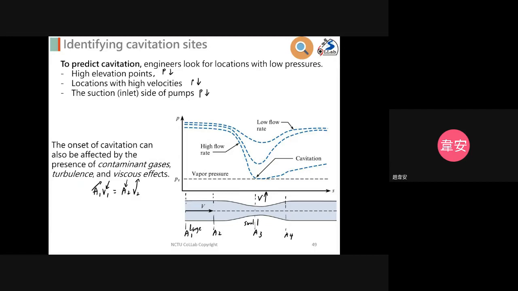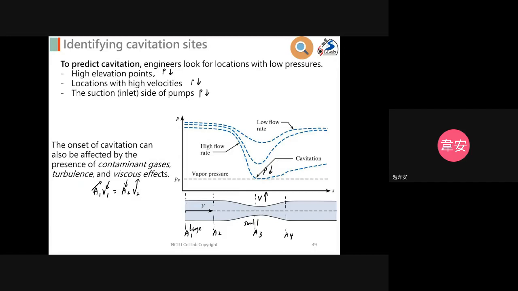And as I emphasize, the velocity increases, and based on the Bernoulli equation the pressure needs to decrease.